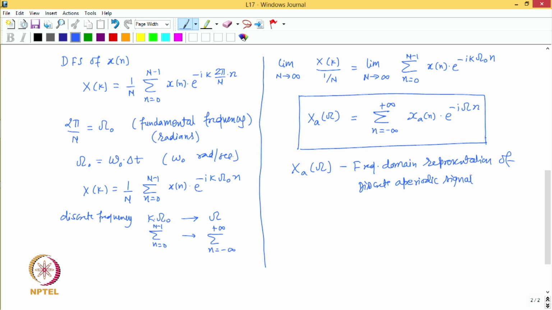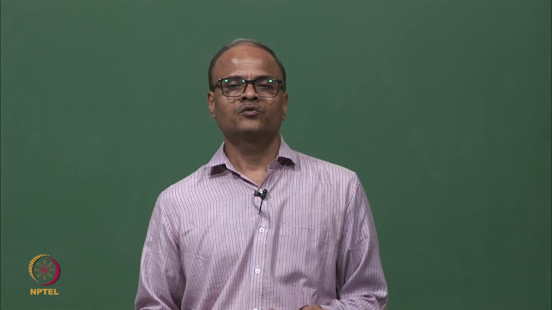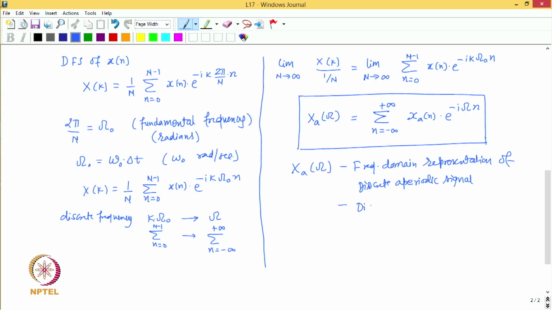And since it is nothing but the Fourier transform of the discrete aperiodic signal, which is a discrete time signal, this is also referred to as the discrete time Fourier transform, and it is abbreviated as DTFT. So now we can make some observations about the nature of x a omega.